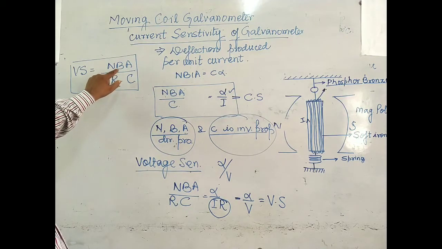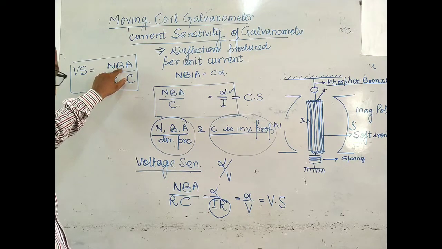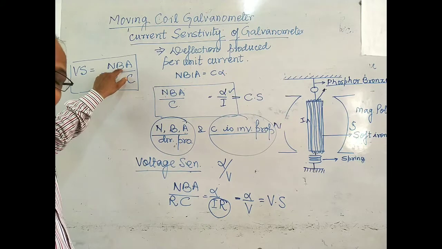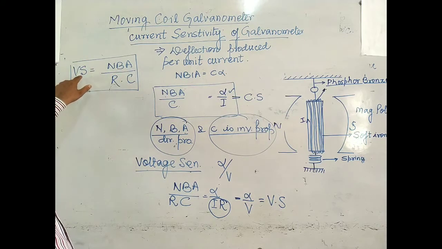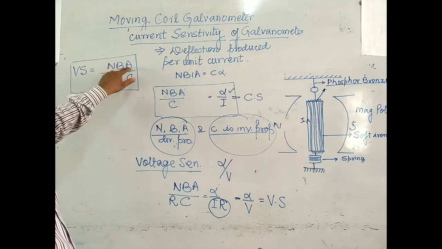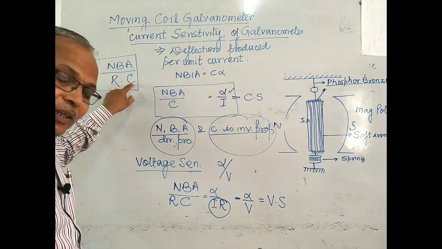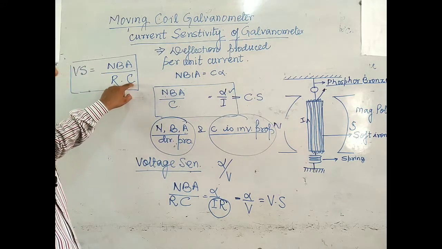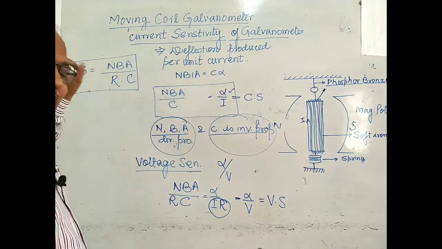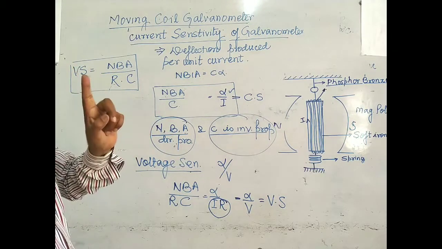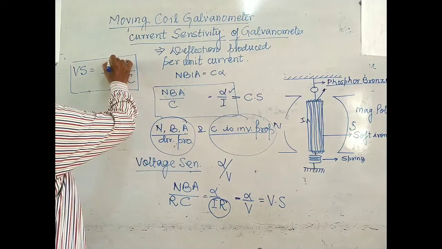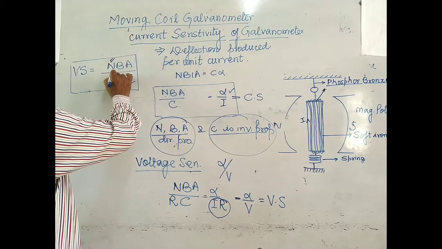Remember, if you increase B, the applied magnetic field, voltage sensitivity will increase. Increasing area, voltage sensitivity will increase. Decreasing couple per unit twist of the spring, voltage sensitivity will increase. Now remember these two, this N and this R.